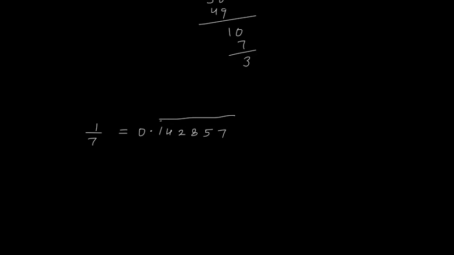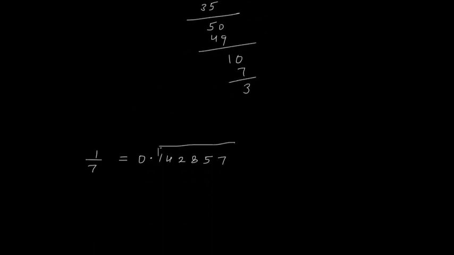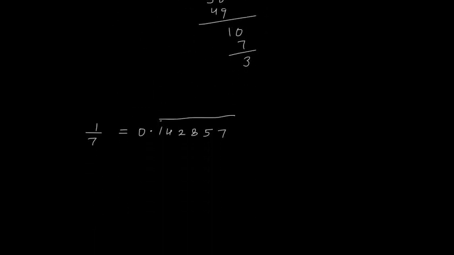Bar means the same thing is repeating. Now this is the value of 1 upon 7. Now I have to find the value of 2 upon 7. So 2 upon 7 is 2 into 1 upon 7, which is equal to 2 into 0.142857, and then again I will continue the same numbers.